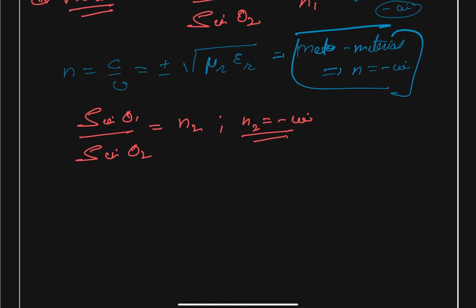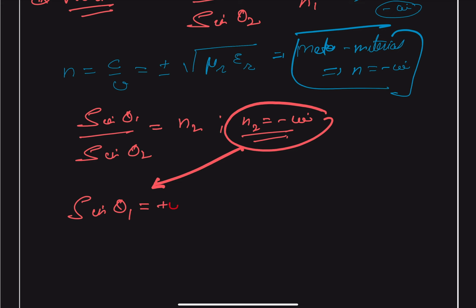Sine of theta 1 is positive, n2 is negative. So sine of theta 1 is positive, and this gives us that sine of theta 2 has to be negative in order to get n2 as negative.